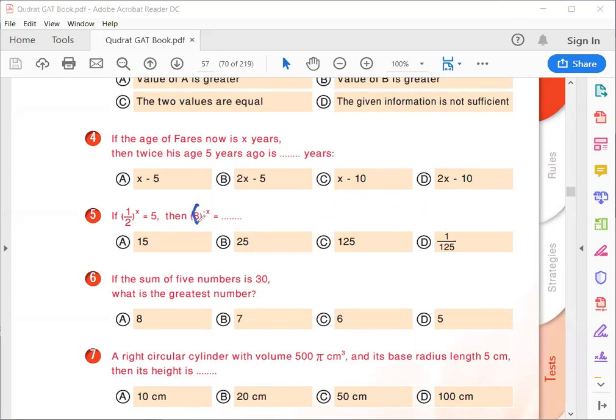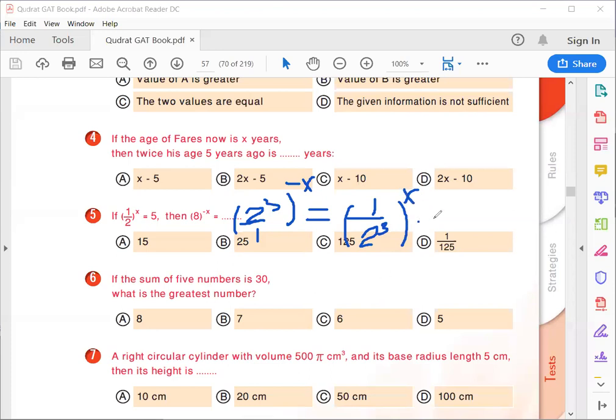You analyze it: 8 equals 2 to the power 3, all to the power minus X. Then you write 1 over 2 to the power 3, changing the negative exponent to a positive exponent.